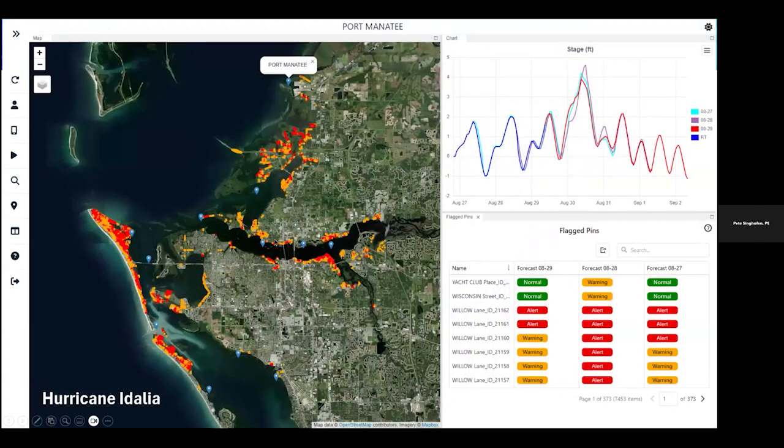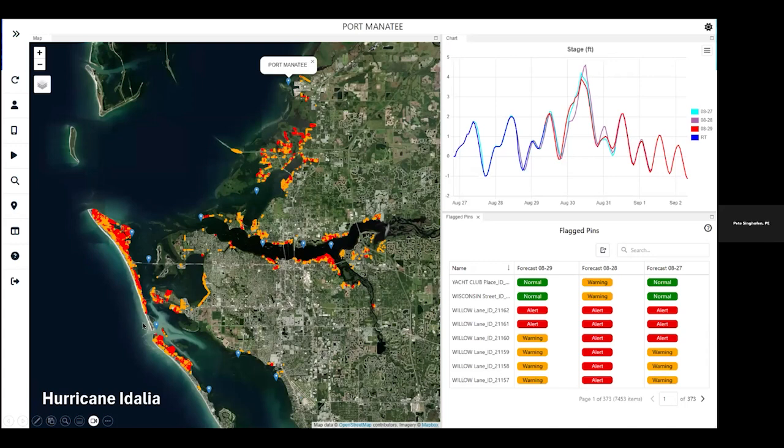And then here's the entire fringe area that we've added to the system. Again, red is bad. The orange is shallow flooding, but still water standing in the streets. We have Port Manatee up here to the north. This is Anna Maria Island.